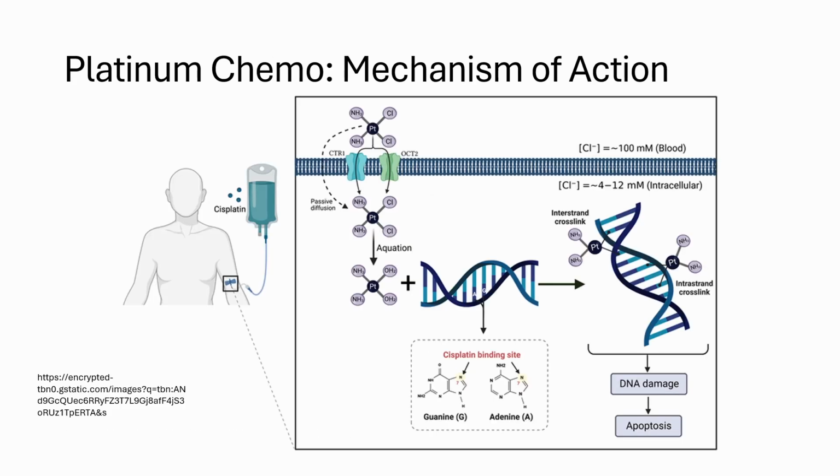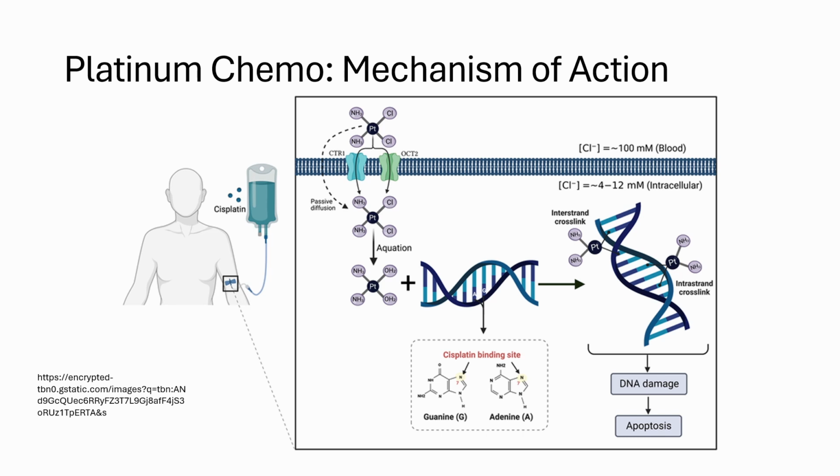Platinum chemotherapies first enter the cell passively through channels, and once inside the cell, they undergo a reaction called aquation or hydrolysis, which replaces the two molecules attached to platinum with water molecules.